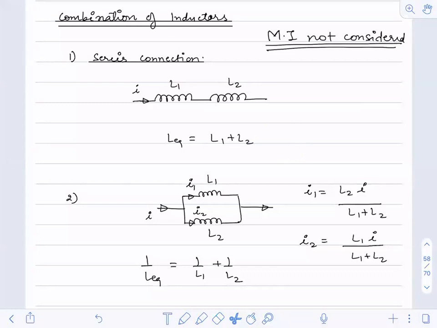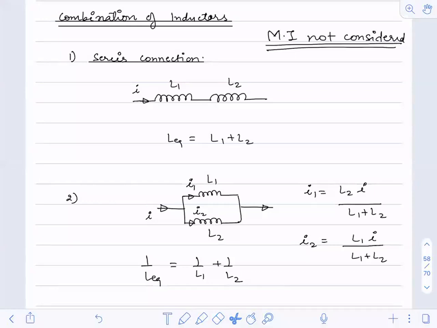Did you understand combination of inductors? It is the same as resistors. Capacitors run in a different way. Resistor and inductor are the same way, capacitor is different.